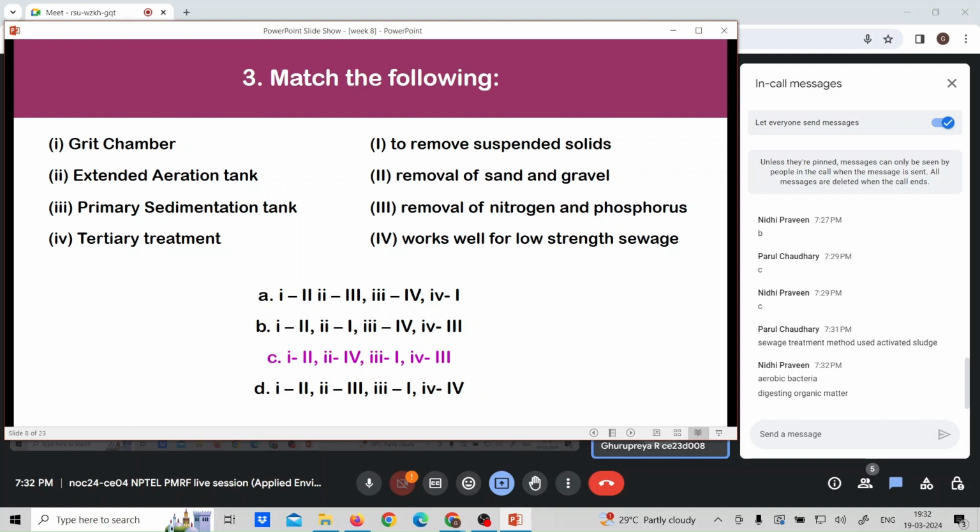Yeah, it's partly right. Even if you can't type, you can unmute and answer. Is ASP an aerobic process or anaerobic process? ASP is an aerobic process, right? So what is the difference?